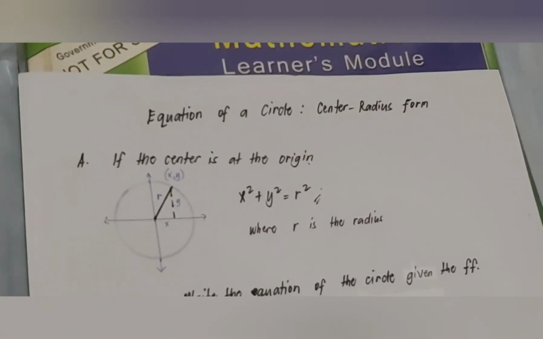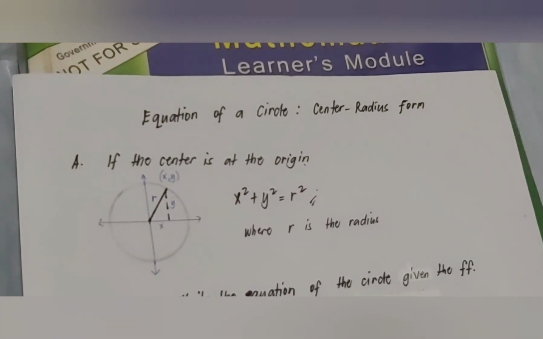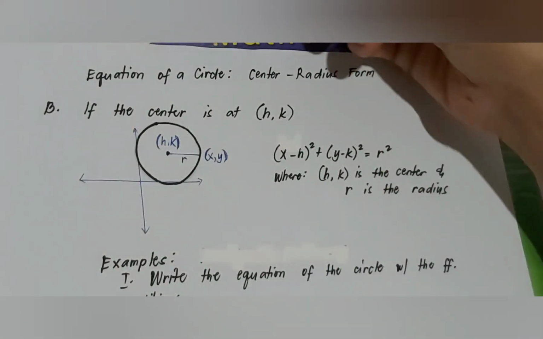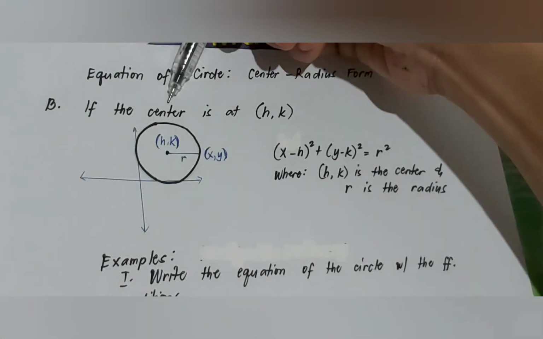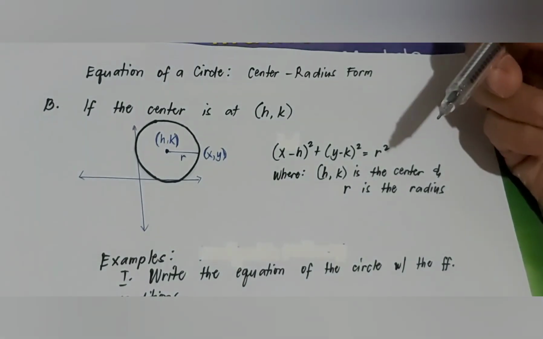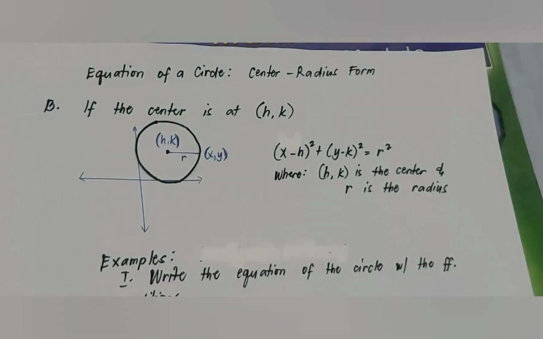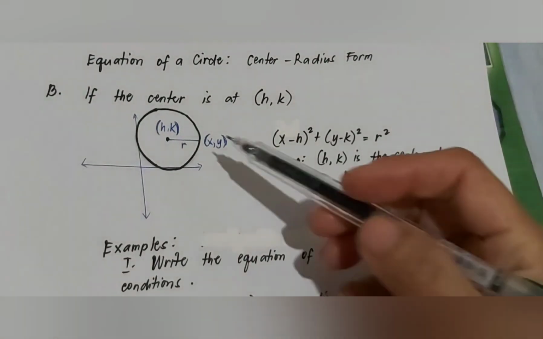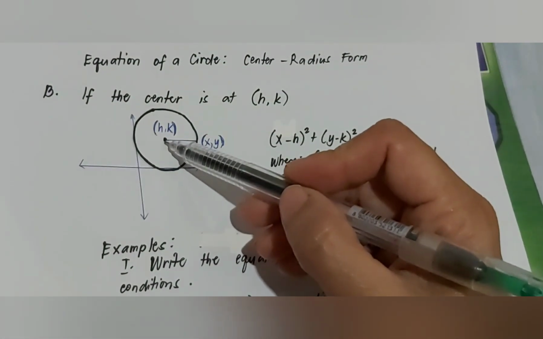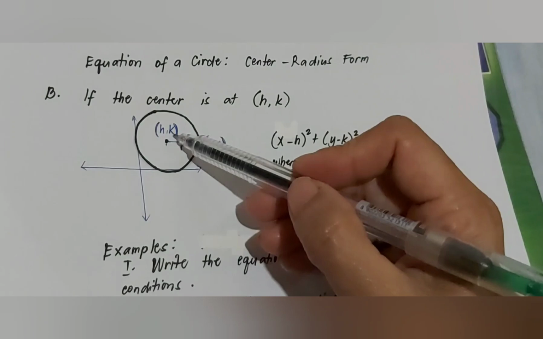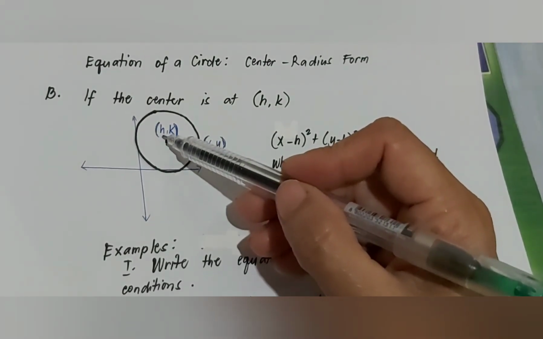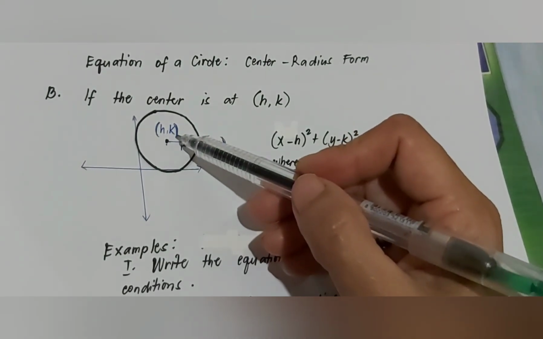Okay, that's all about the equation of a circle when the center is at the origin. Now, the equation of a circle when the center is at (h, k). Again, we use the center-radius form. Looking at our illustration, our center is (h, k). h is the x coordinate of the center and k is the y coordinate.